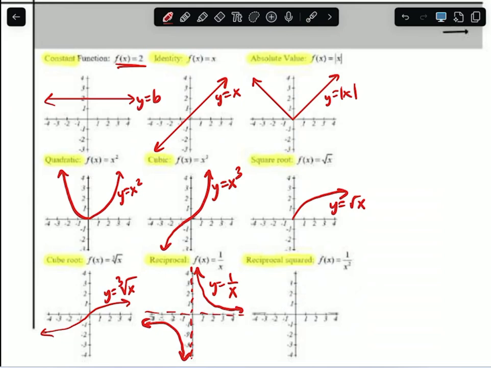And then a reciprocal square has the same rules for the asymptotes, but this time both parts of that function, or both sides of it, are going to give you positive outputs, and so this is your reciprocal squared function. So those are the different functions that you need to be familiar with when you recognize them or when you sketch them. And we'll use transformation rules to just slide these up, down, left, right, stretch them and shrink them and reflect them.